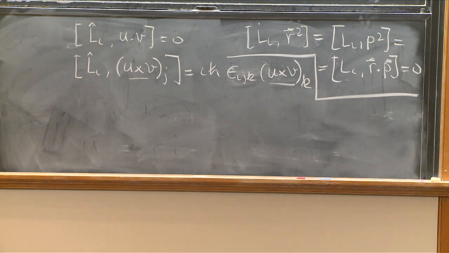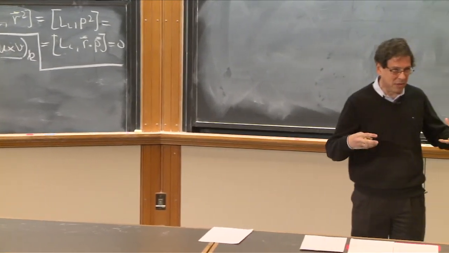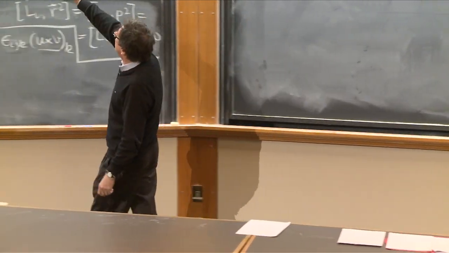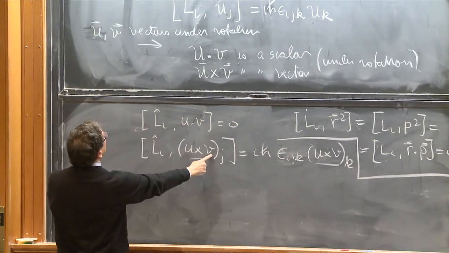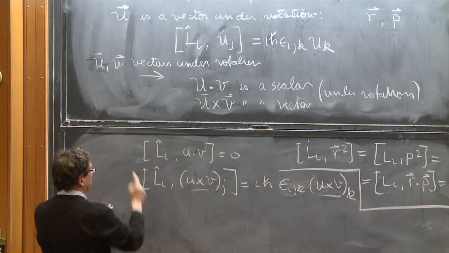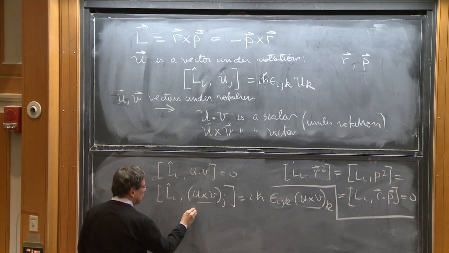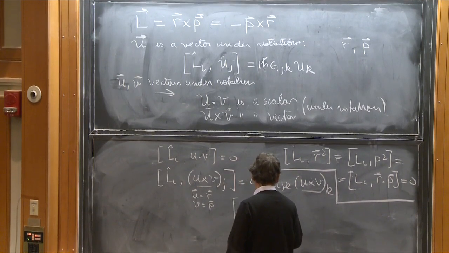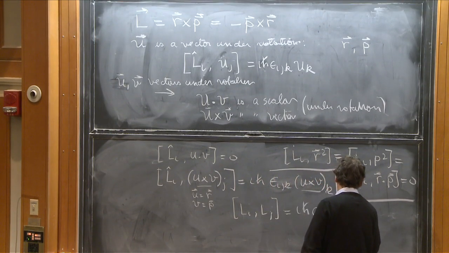This has a lot of important corollaries. The most important, perhaps, is the commutation of angular momentum with itself. Since you've shown that R and P are vectors, R cross P, which is angular momentum, is also a vector under rotations. So choosing U equal R and V equal P, you get that the commutator of Li and Lj is i h bar epsilon ijk Lk.